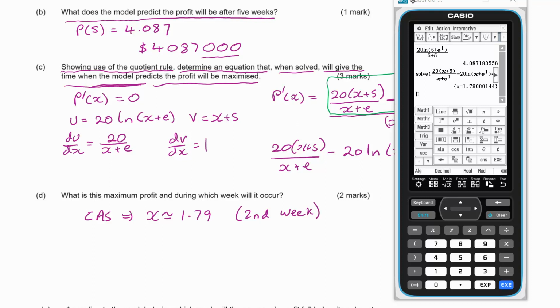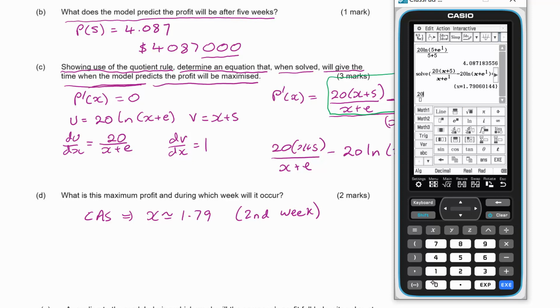And then we need to work out the actual profit, which means we need to take this value here. Let's just copy it and stick it back in our original function. So that's 20. Actually, let's just get a fraction template first.